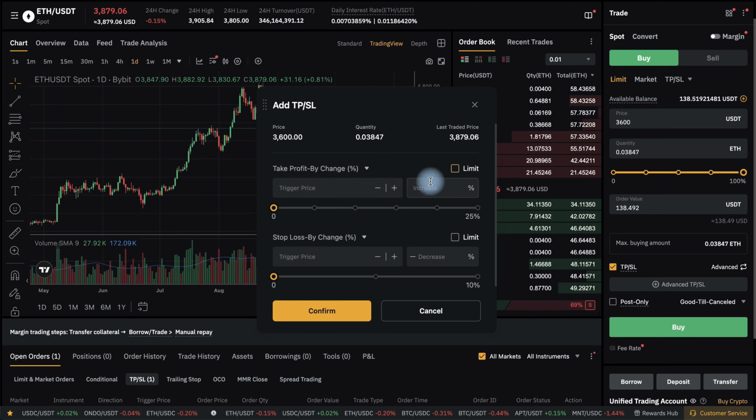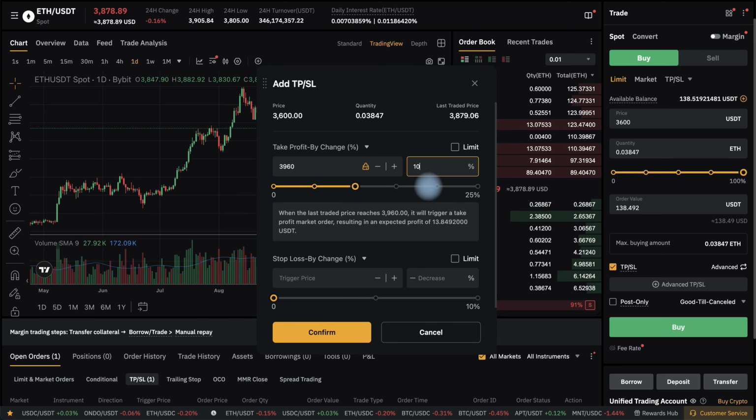Percentages are simpler. For example, if we buy ETH at 3,600 and want to sell when it rises by 10%, that would be 3,960. You can also enter an exact price and see the percentage shown automatically. Let's say we want to sell at plus 10%.